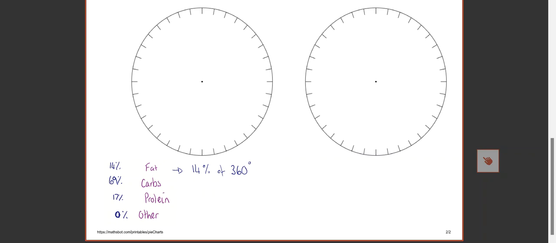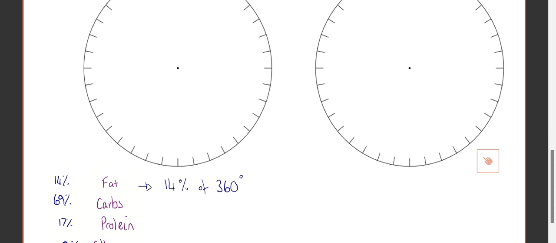Well, how about, I'd love to give you more time to think it through, but what I'm going to do is, if 14% of that, well, what is 1% of 360 degrees? 3.6. How did you do that? Well, if you divide it by 10, 10% is 36, and 1% is 3.6. It's 360 divided by 100, yeah?